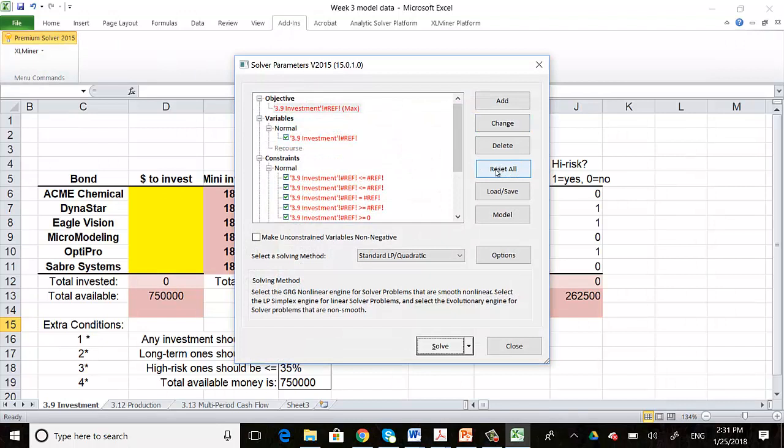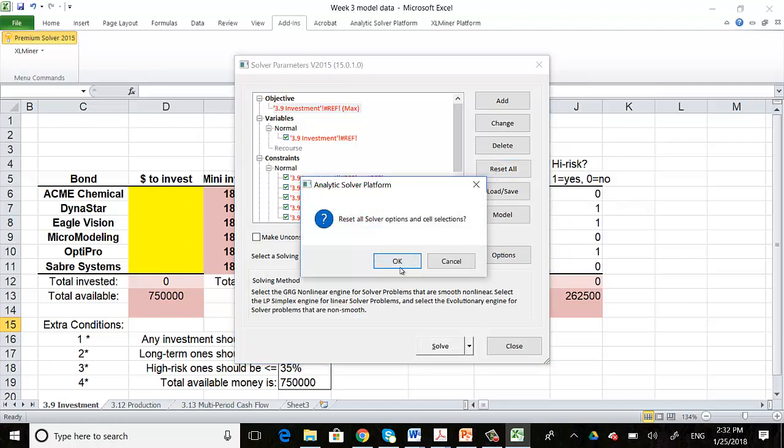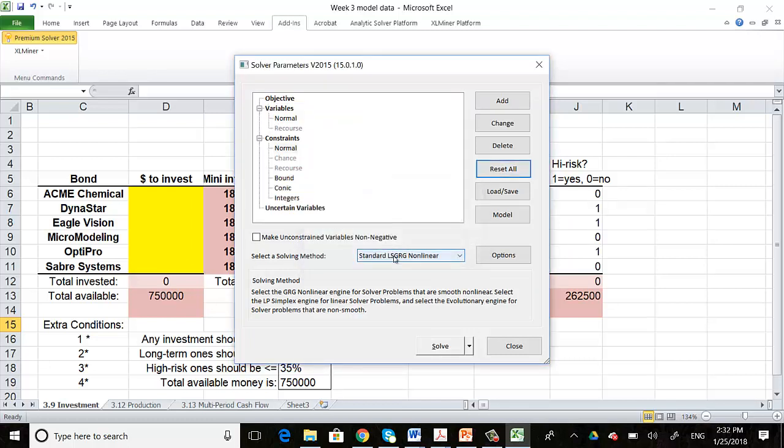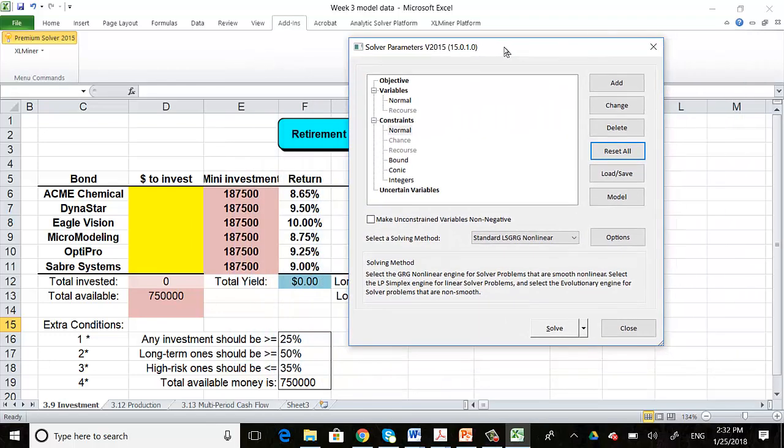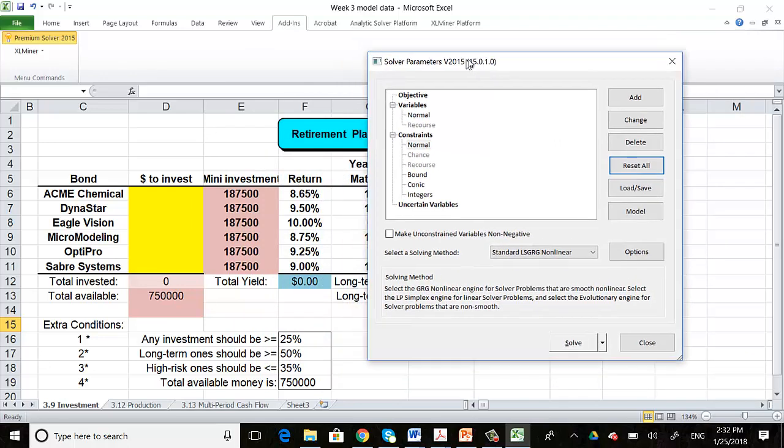Okay, so probably has something like a reset all. If you click reset all, it will. Okay, so we'll start from here.